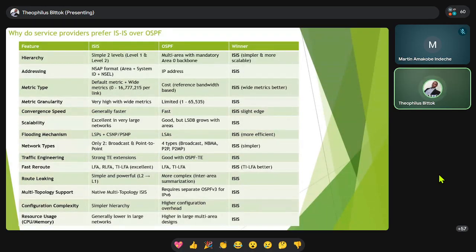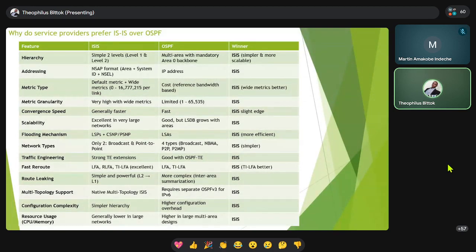Scalability: ISIS is better in large networks. OSPF is still good, but the LSDB gets bigger and bigger depending on the number of routes you have in your area. With ISIS, you can control this, especially when you're doing route leaking.